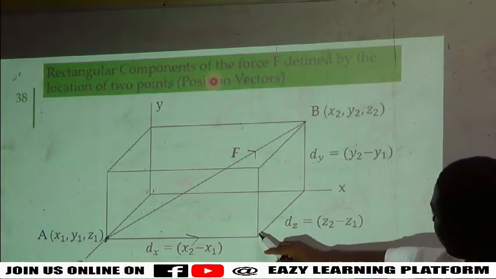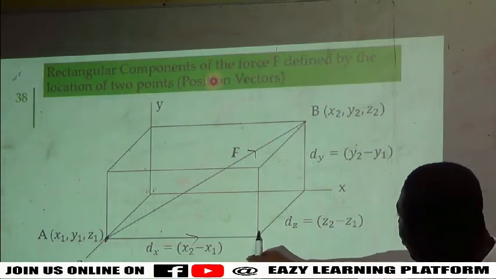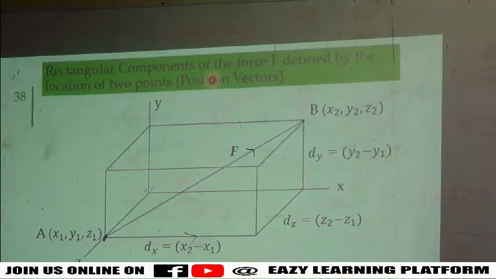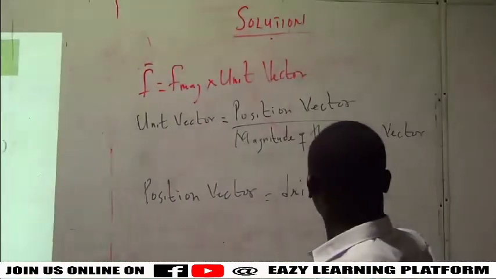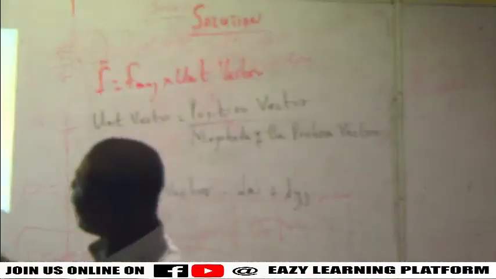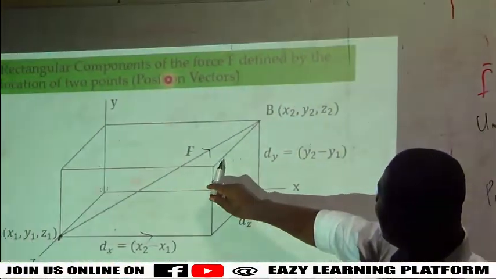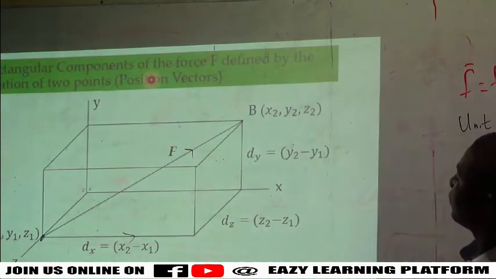Plus, I'm at this point and I'm going to move upwards in the y. That is positive, so plus dyj. Then I move in this direction.